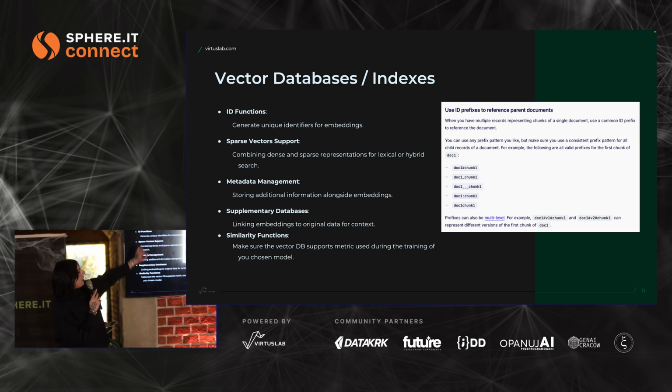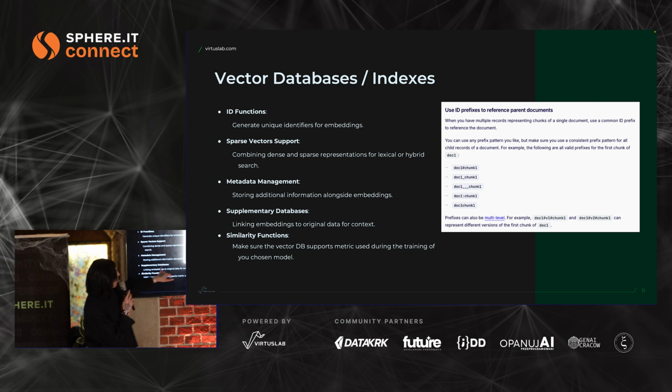For example, Llama index is creating random UIDs for each of the records in the vector database in the index. So if you don't have a supplementary database that is matching your data to these IDs, then you're screwed because you cannot update it basically.